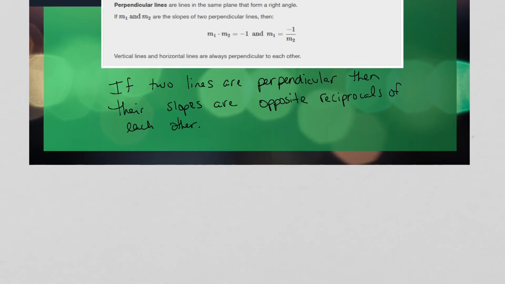Okay, let's say that the first line has a slope of negative 3. Now don't forget there's 2 things that have to change. First of all, opposite means one of them will be positive, one of them will be negative. Reciprocal means you flip it over, okay? So make it a fraction and flip it over. So if I want to know what the slope is of the line that is perpendicular to this one, I turn this into a fraction.